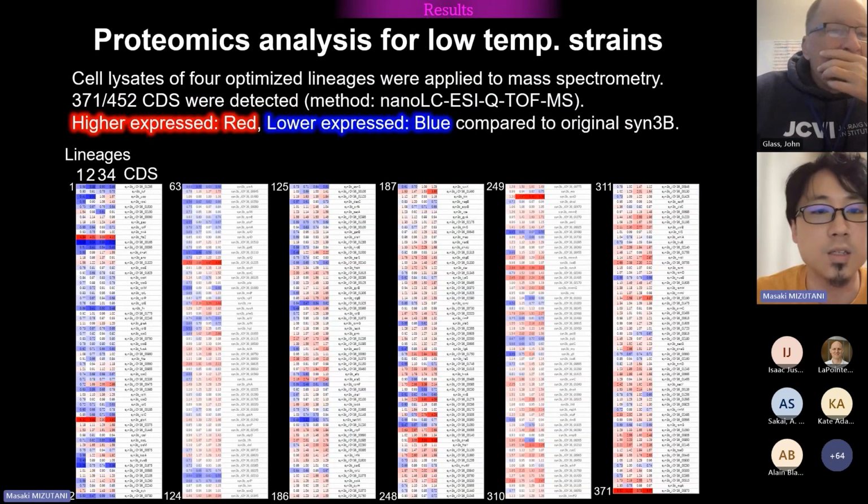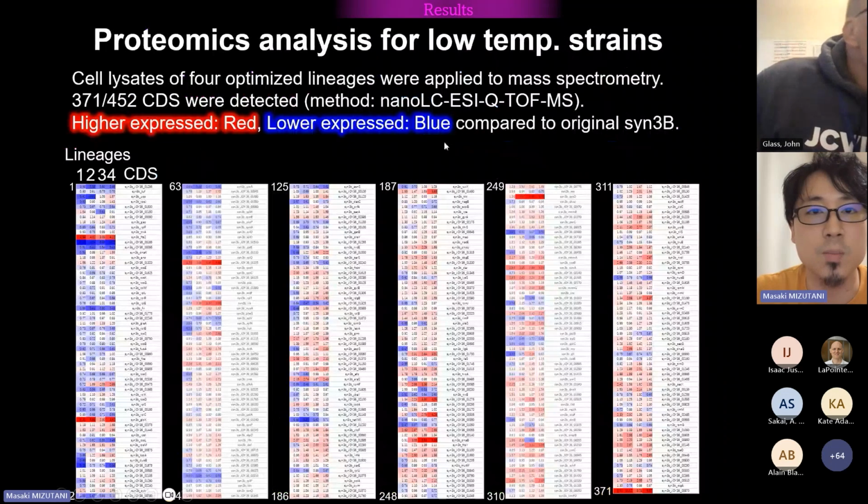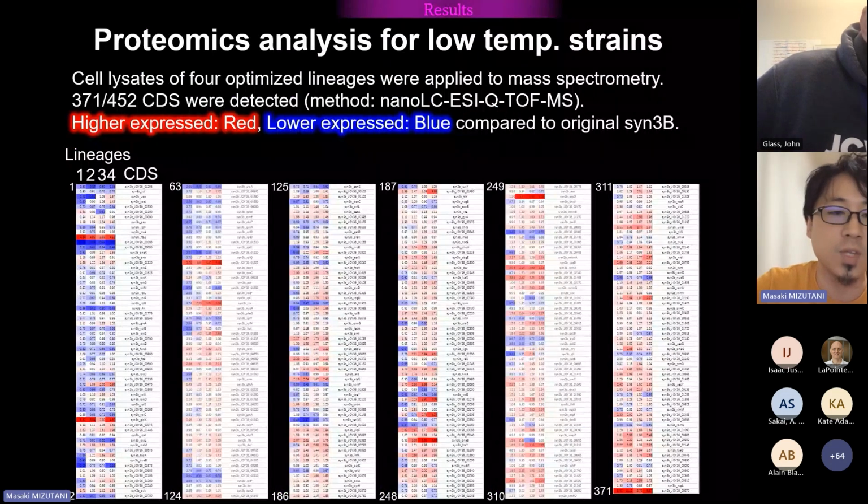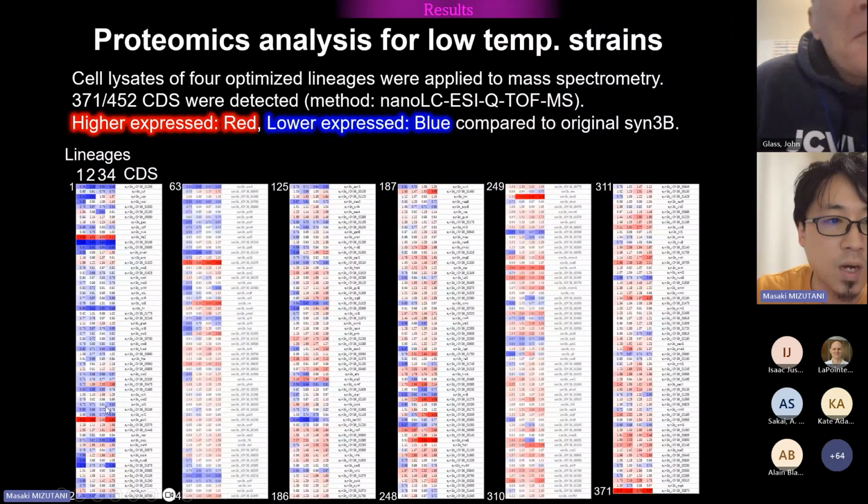To understand the mechanism of low-temperature optimization, we performed proteomics analysis of the original Syn3B and the low-temperature optimized strains and compared the expression level of each protein. We did the passage individually for each lineage, so we show the four vertical lines, and this is the CDS, the name of the annotation.